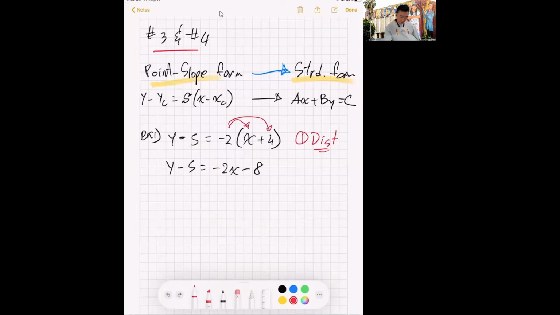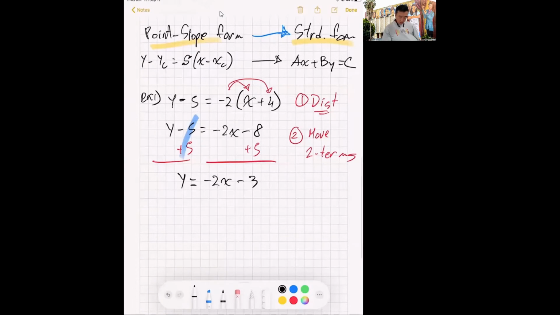You got to move two terms. So this gets canceled out. Y equals negative 2x minus 3.